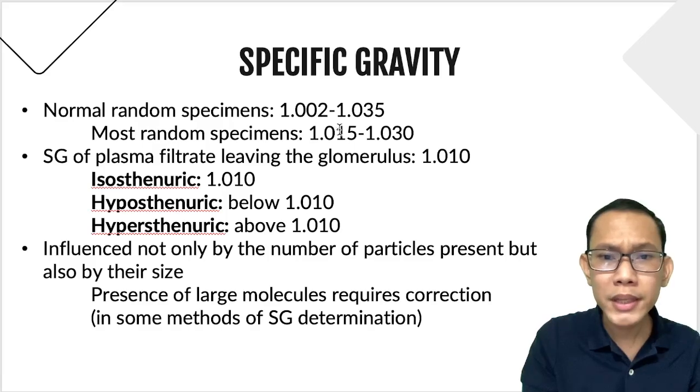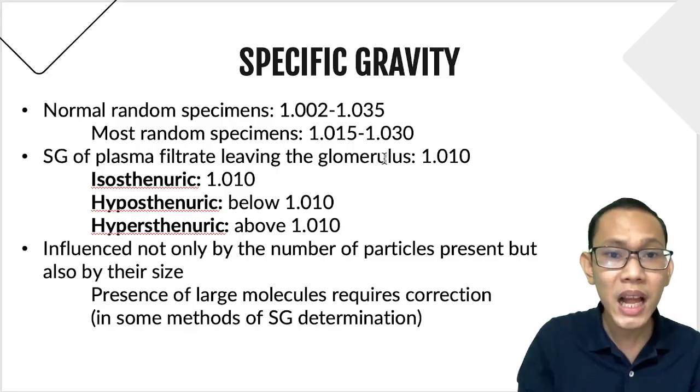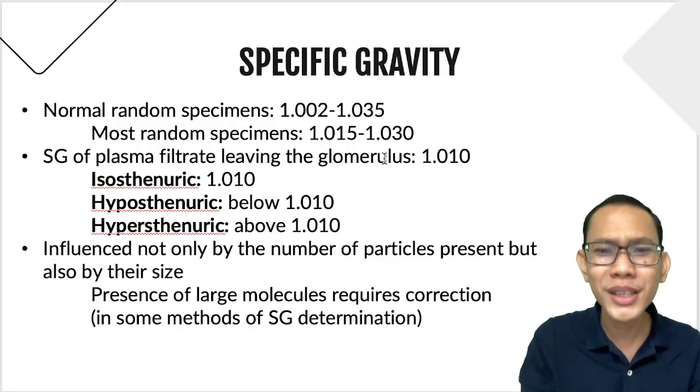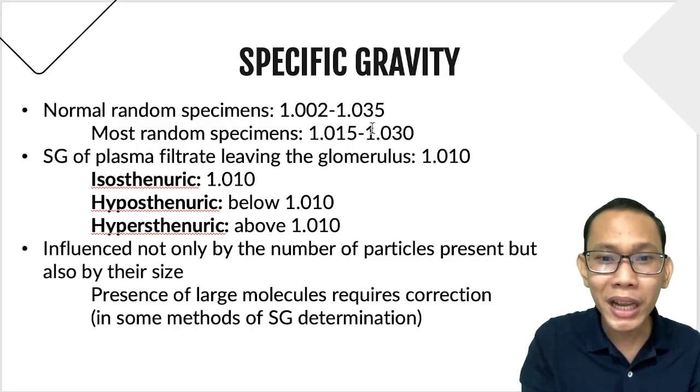Most random specimen is around 1.015 to 1.030. So there is really a value sa ating specific gravity. Unlike sa ating water, it is only 1.000. Wala na siyang numerical value at the end because we all know that your water does not contain any dissolved materials or dissolved chemicals in it. It's just purely solvent, no solute.